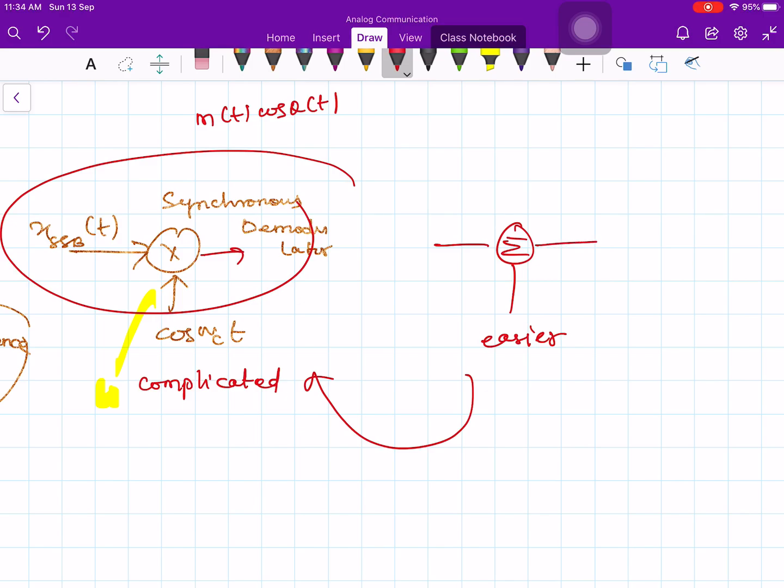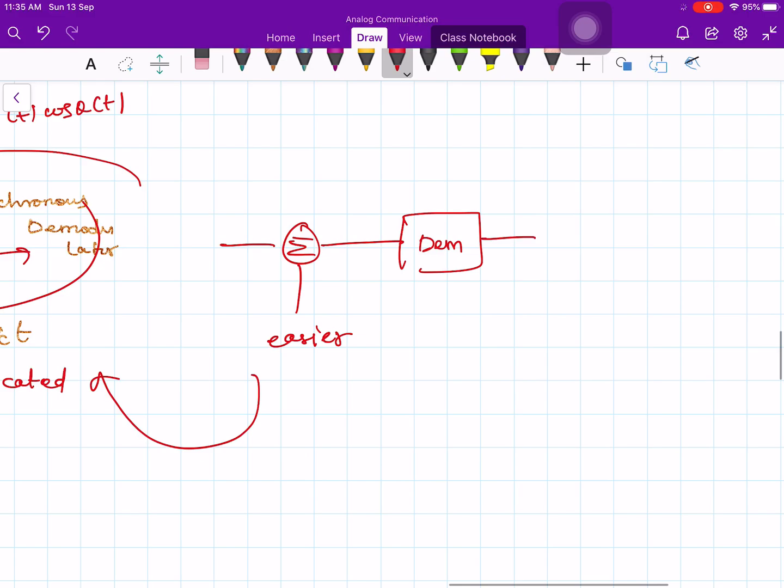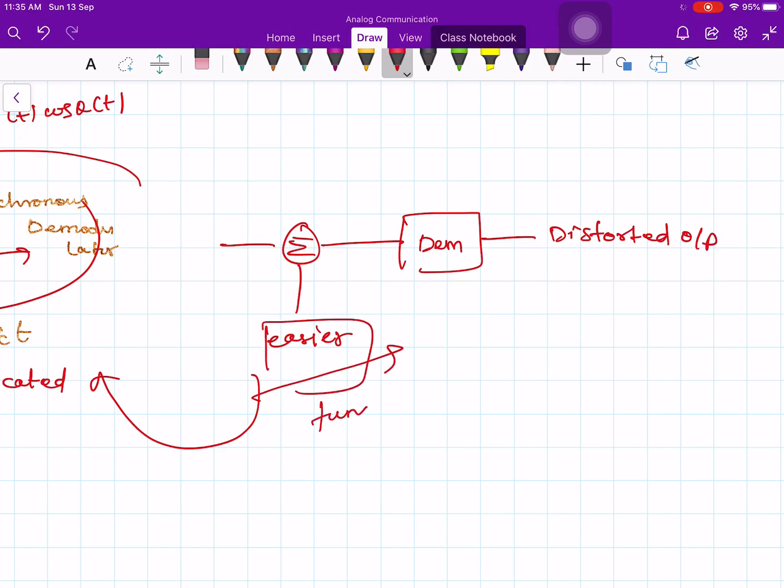Suppose you give this to a demodulator and you get some distorted output, then you keep on tuning until you get a distortionless output. This is possible, at least for the speech signal.